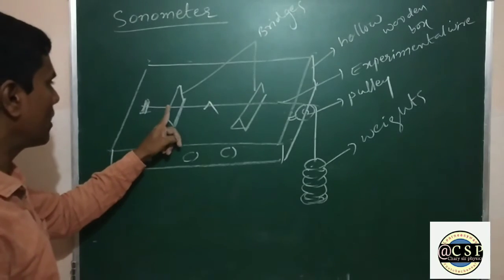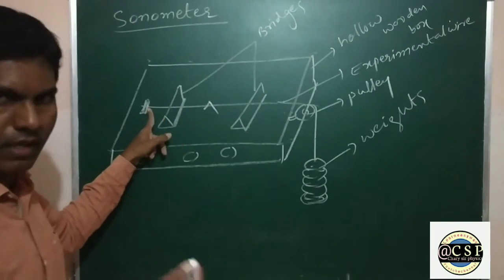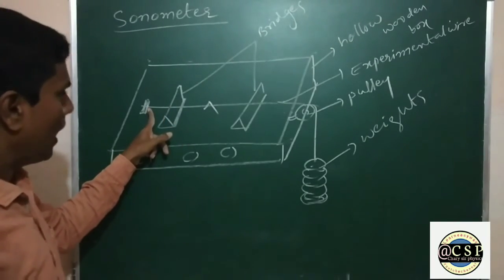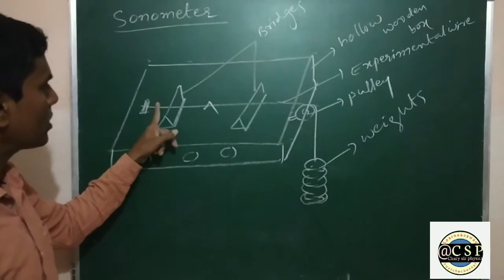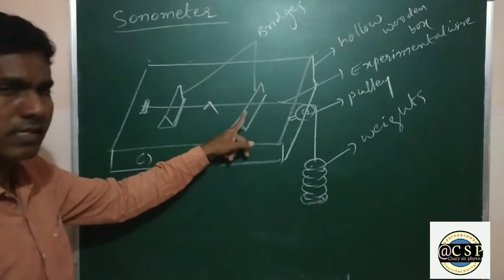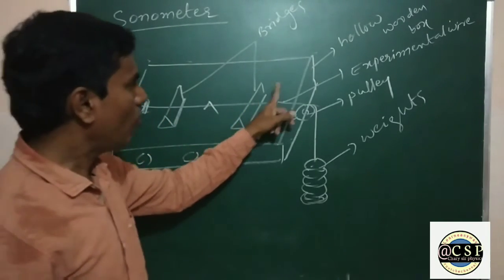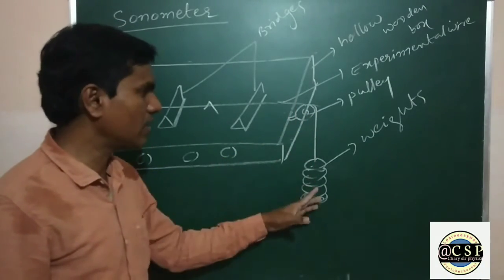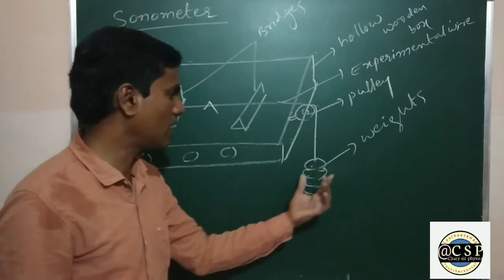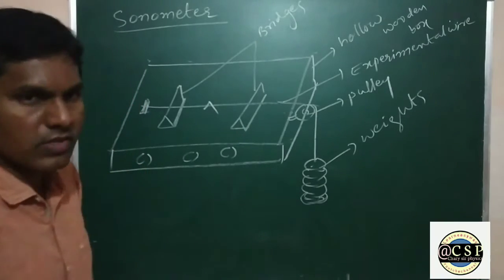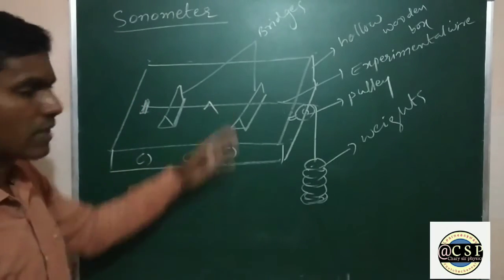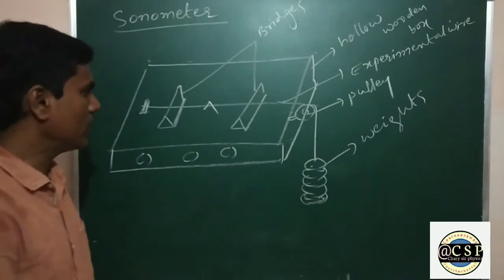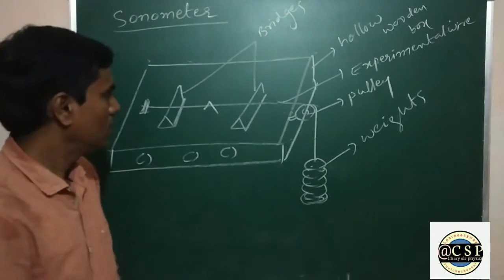One end of the string is attached to a small support, and it passes over the sharp edges of the bridges and over the pulley, and weights are attached to the second end of the string. After attaching the weights, the string gets a certain tension.